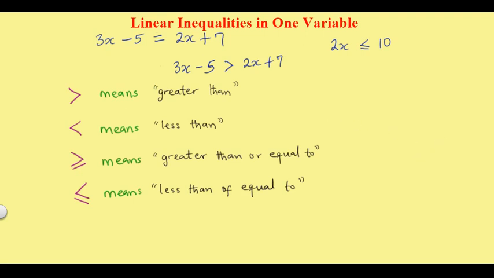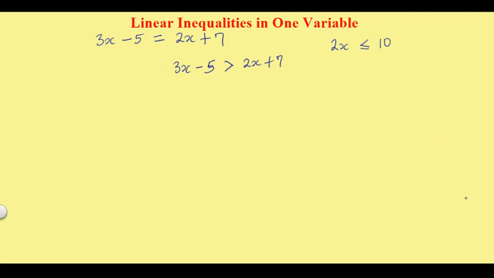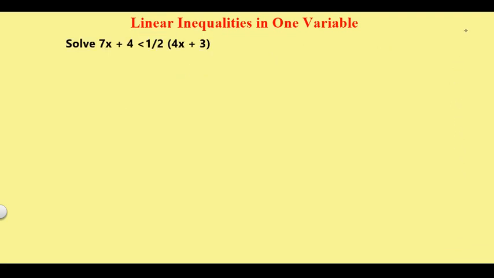So let's take one example for a start. Here we have: solve the inequality 7x plus 4 less than 1 over 2 open bracket 4x plus 3. So to do this, we have 7x plus 4 less than 1 over 2 open bracket 4x plus 3.